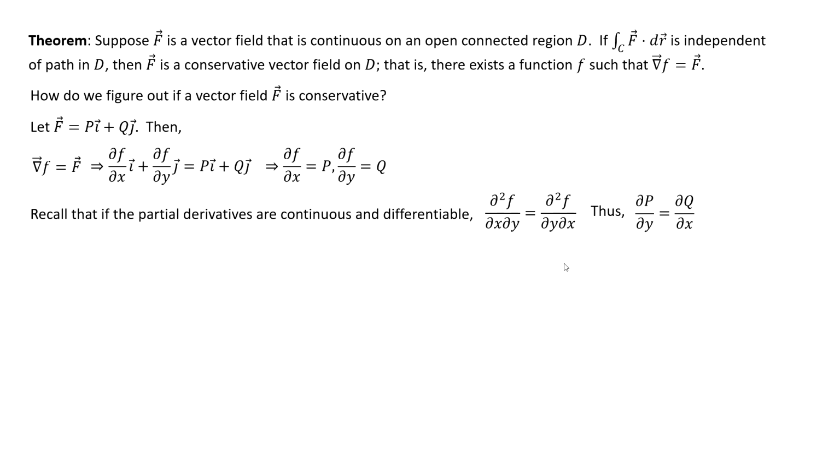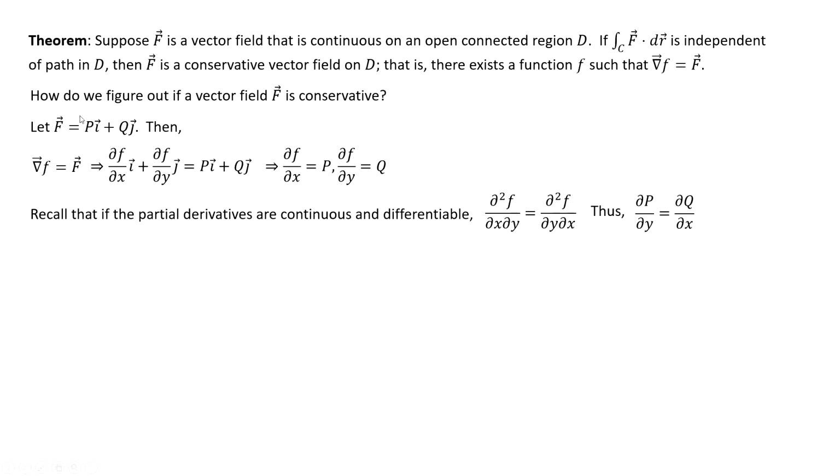That is a big deal because what is our question? Our question is, given the vector field F, which is equal to Pi plus Qj, is that conservative? And what this has done is given you a way of testing for it.